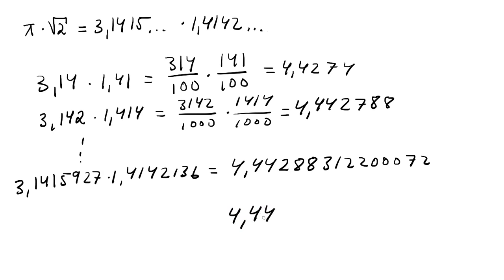So now we can be pretty sure of these numbers here. And by increasing the number of decimals, we get more and more decimals we are sure of. In this way we can work out what this product will be exactly. So this is how to do it in practice to multiply two irrational numbers.